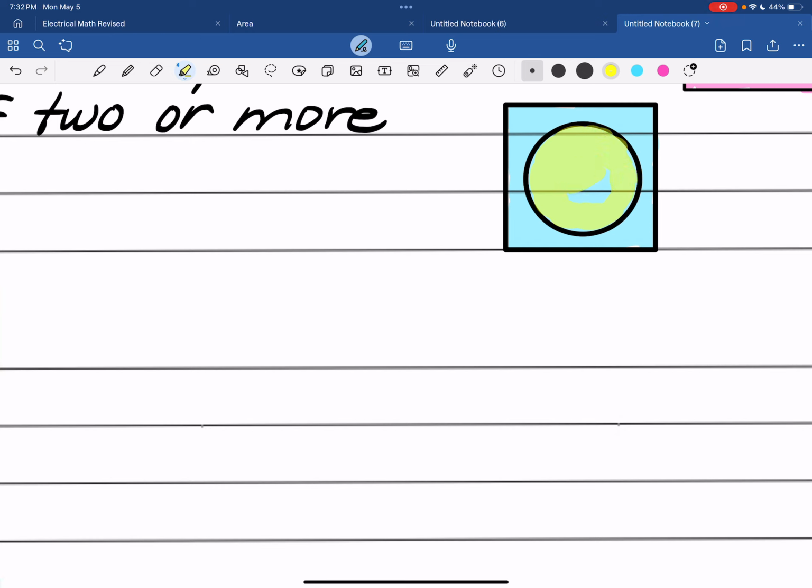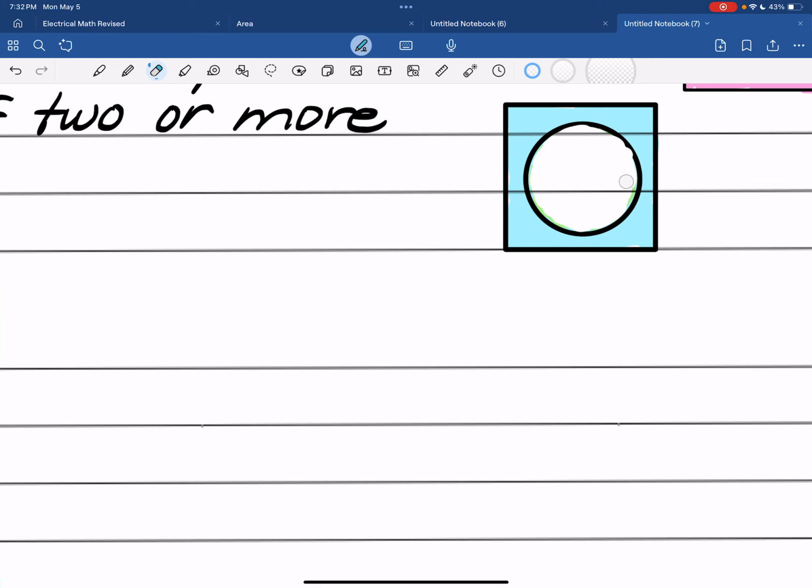In this case, would you be adding or subtracting if you wanted to find the area of the blue part? So if I am coming in here and cutting away this part, what am I doing? Am I adding or am I subtracting? In this case, we're subtracting most always.